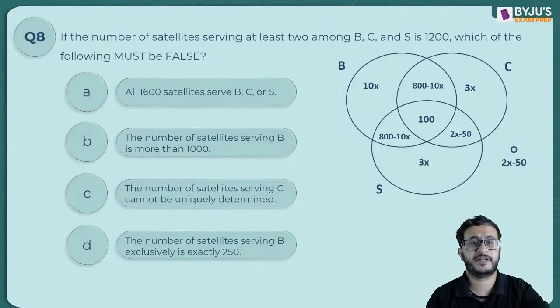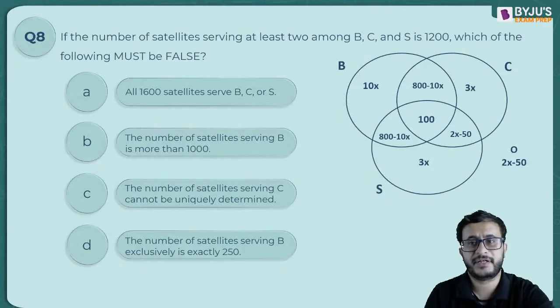Okay, next question. If the number of satellites serving at least two among B, C and S is 1200, which of the following must be false? Which of the following must be false in this case?